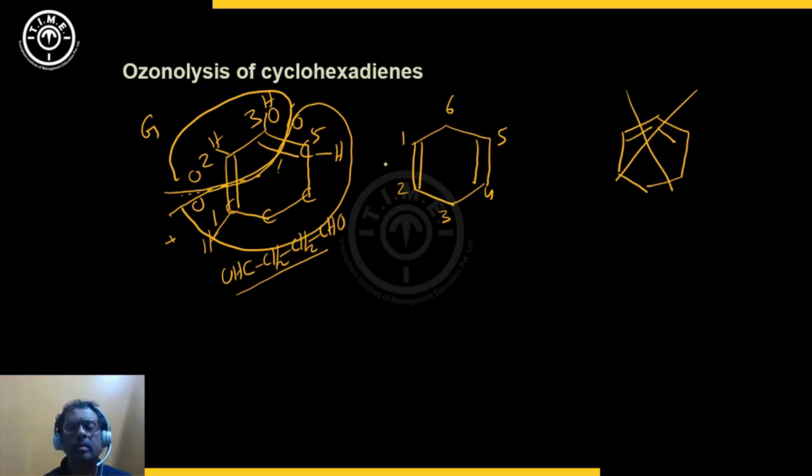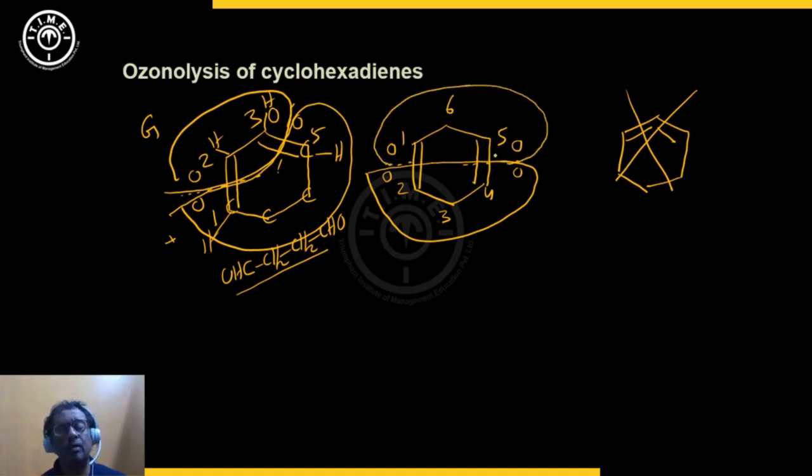What about this? Break this in a similar way. Oxygen and oxygen, oxygen and oxygen. So you get two parts. So if it is cyclic and you have a double bond, you can get two products. If it is acyclic and you have only one double bond, still you'll get two products. Correct?